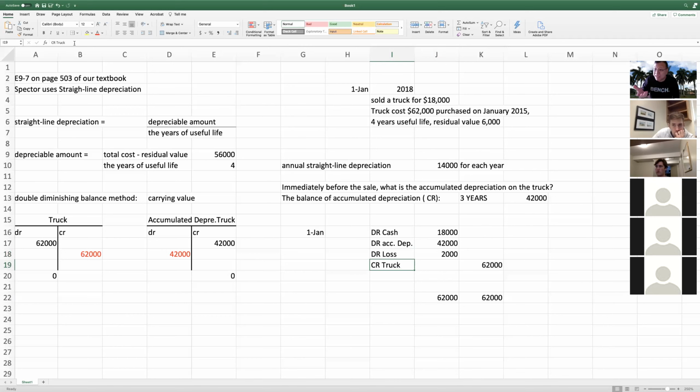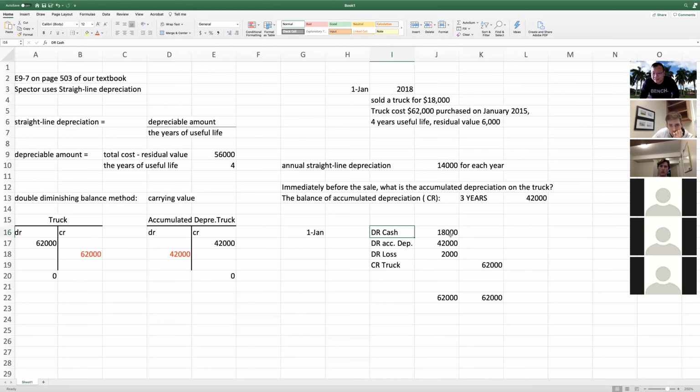Gain makes you earn money; gain is like revenue. You credit revenue, so you credit gain. Revenue makes you have more resources. Loss makes you have less resources, just like expenses, where you sacrifice your resources. Therefore, you debit expenses and you debit loss, right?